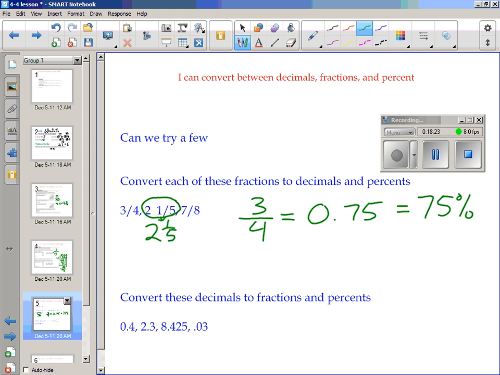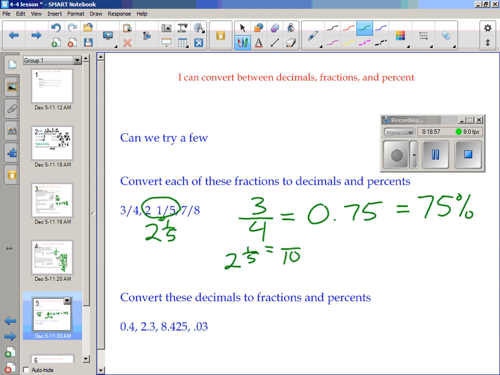Okay? 2 1/5. Now I'm going to show you a quick, easy one. Because our place values in decimals go in tenths, hundredths, thousandths, then ten-thousandths, if we find a common denominator, this 1/5 right here, I can easily make into tenths. 1/5 is equal to how many tenths?